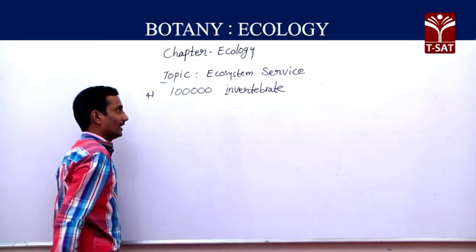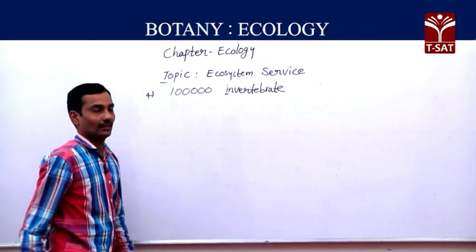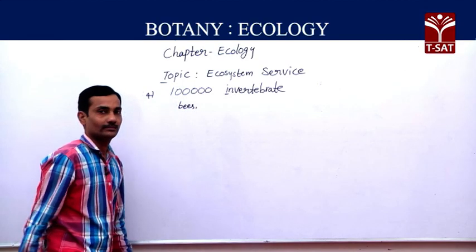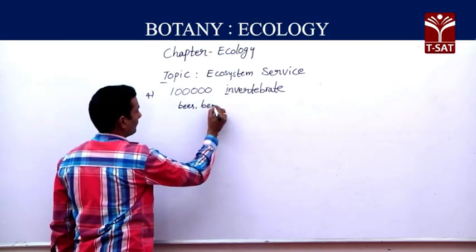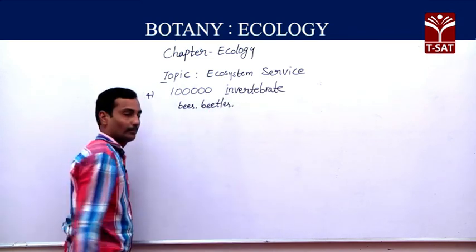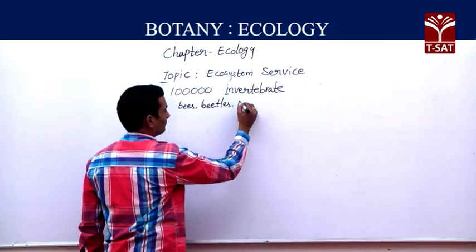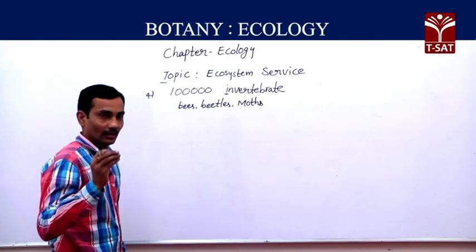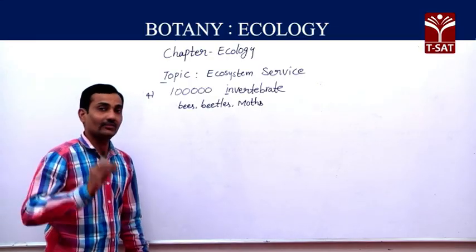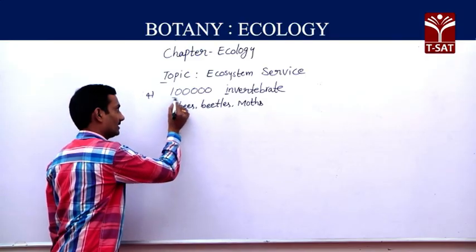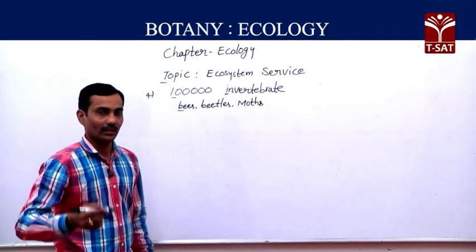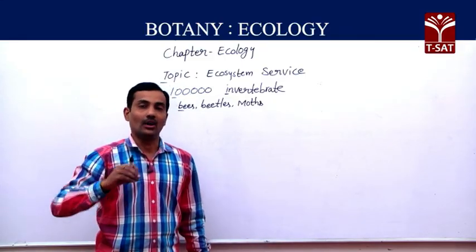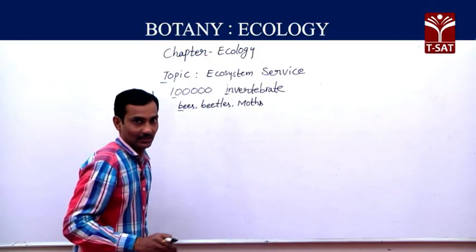These are invertebrate animals like bees, beetles, moths, like this different invertebrate animals. Scientists estimated that more than 1 lakh invertebrate species all over the world participate in the pollination mechanism.